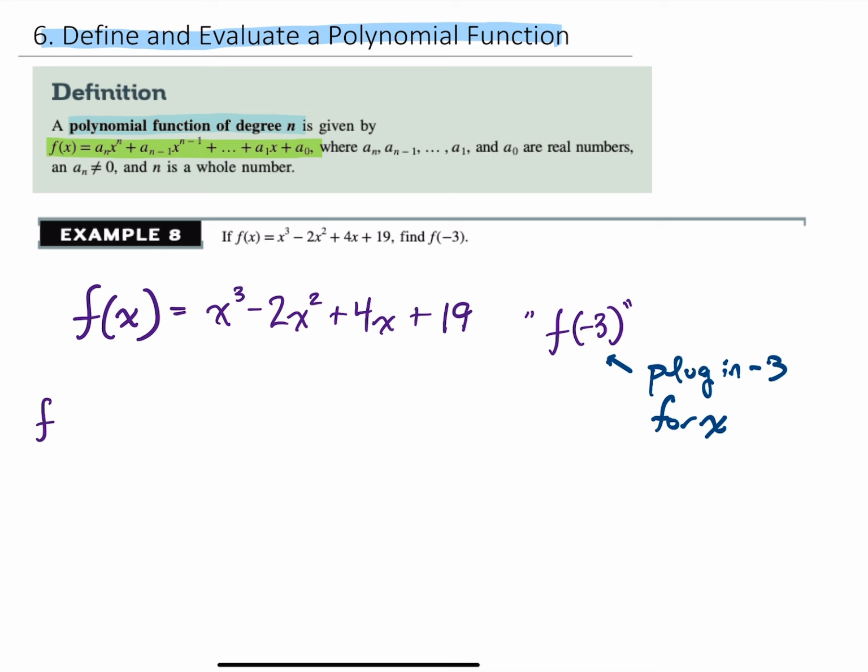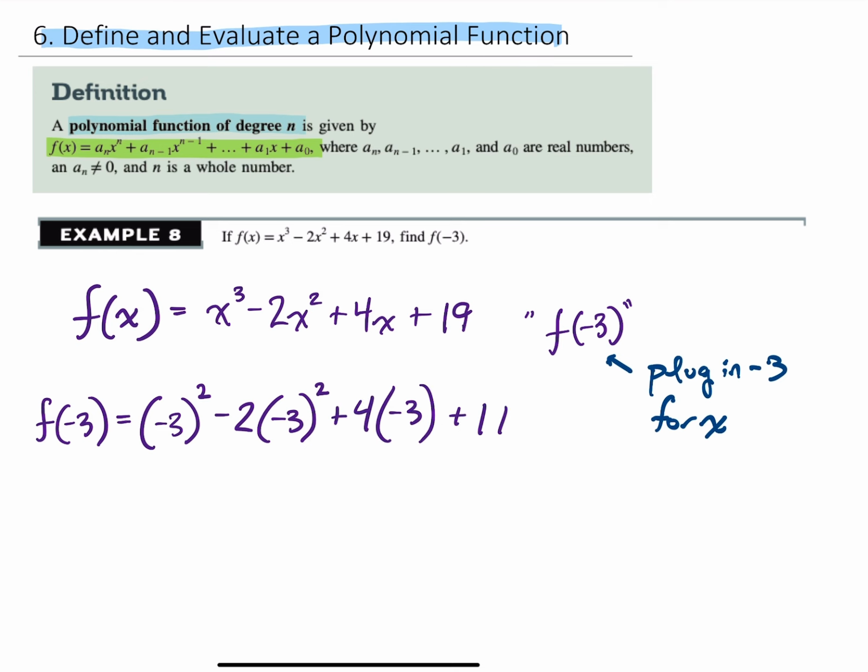Meaning if I'm trying to find f of -3, everywhere on the right side, I'm going to plug in the -3. So it's like where we started with evaluating the expression. We're evaluating it for some chosen x number. So -3 cubed minus 2 times -3 squared plus 4 times -3 plus 19.